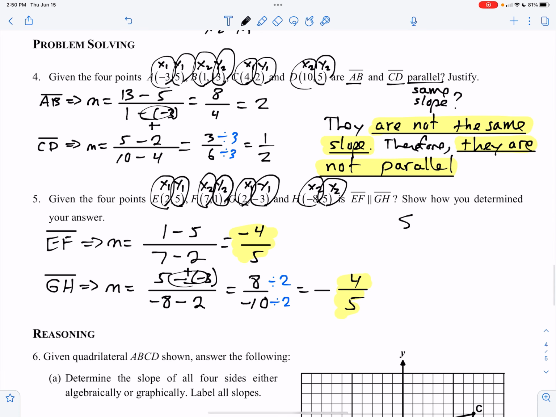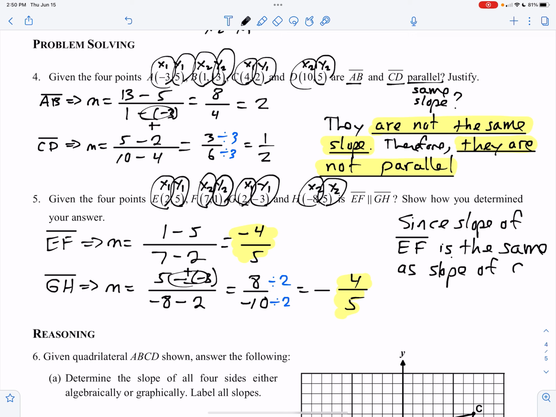So since the slope of line segment EF is the same as the slope of line segment GH, then line segment EF is parallel to line segment GH.